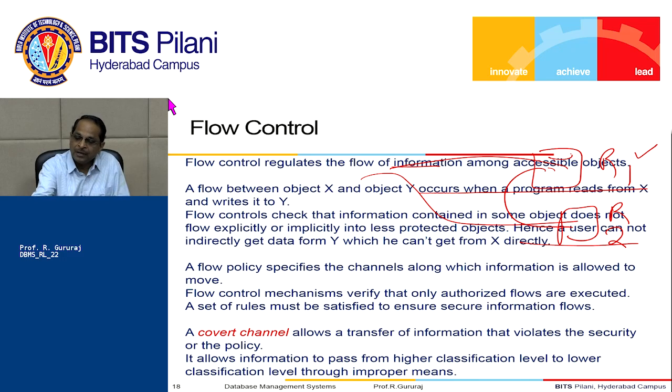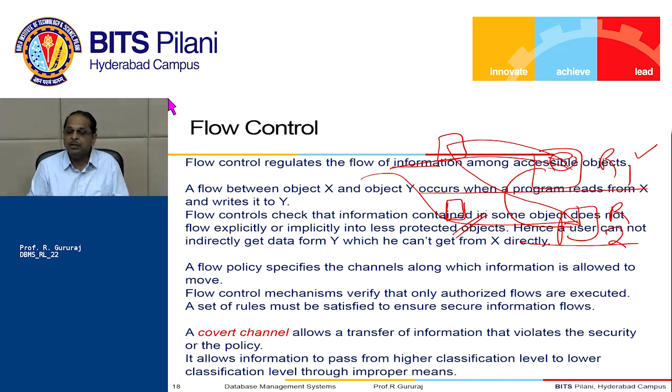If the data is available in R1, a subject at the lower level cannot read it. But if there is a program which reads this confidential data and then writes it to the object R2, then the subject who has access to R2 can read that protected data which has flown from R1 to R2.